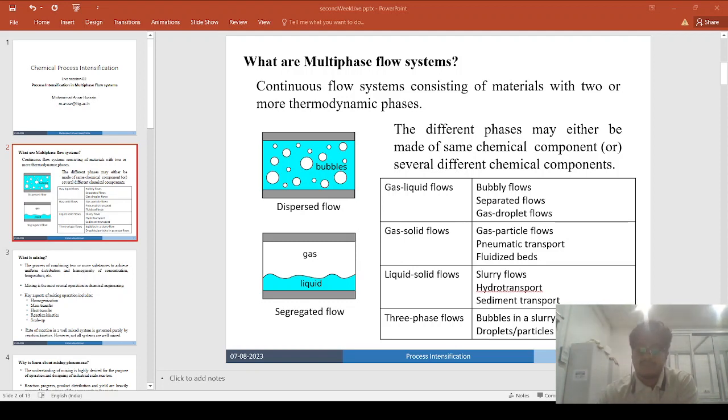The example is that in the pipeline, if sand is mixed with oil and water, three-phase flow occurs. When the oil is extracted, it is mixed with a lot of dirt particles and sand particles, and it also makes an emulsion with water.